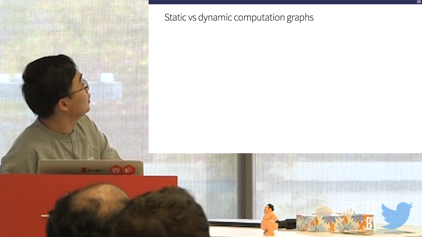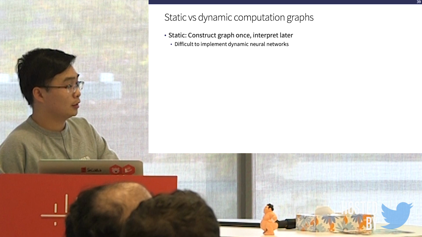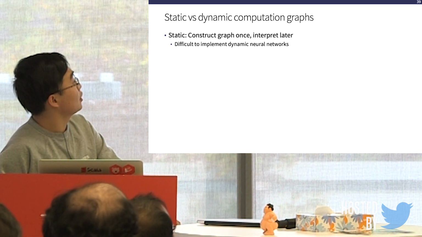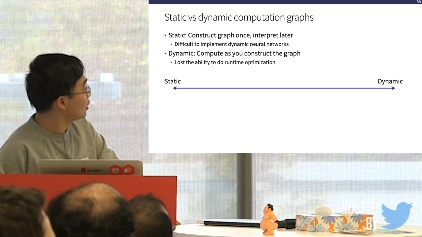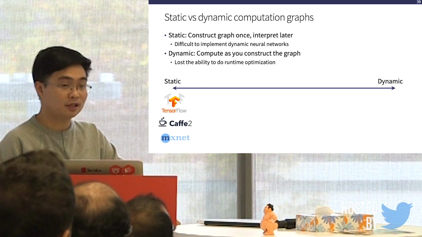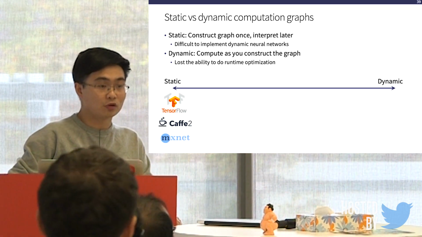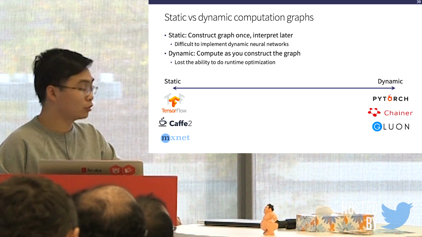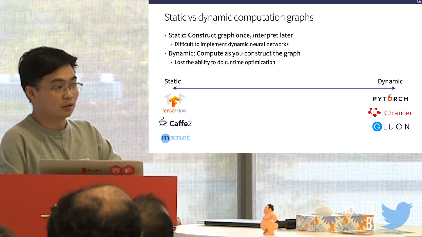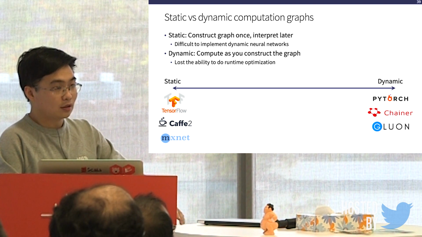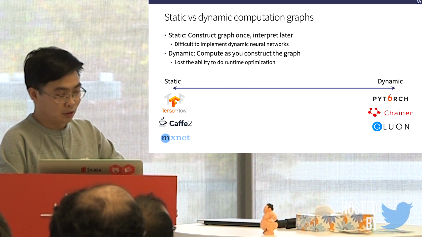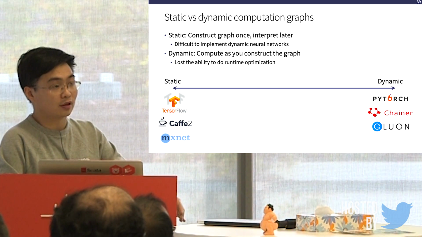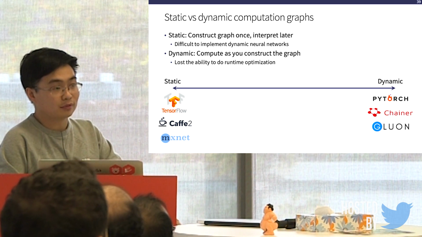Okay. So there's also this engineering issue of static and dynamic computation graphs. There are TensorFlow, Caffe and MXNet, which first produce the whole graph and then interpret it. And there's PyTorch, Chainer and Gluon, where while you build your graph, the values of the graph are actually computed.